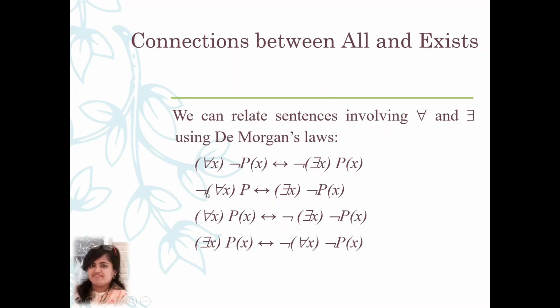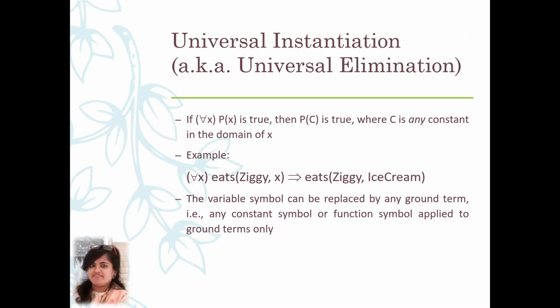Here the not is there for all. So if you take it over here, it will be for some x, not p(x). Then for all x, p(x) becomes not some x, not p(x). And the same over here: for some x, so it will be not all x, not p. That is the connection with De Morgan's laws.